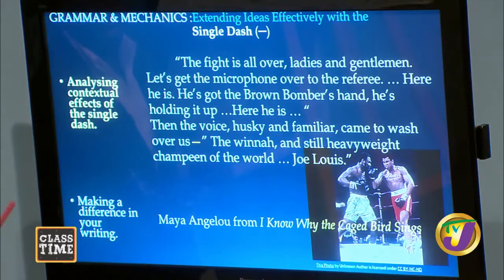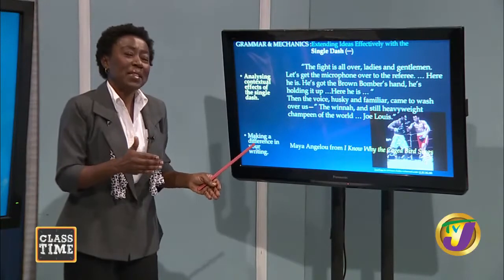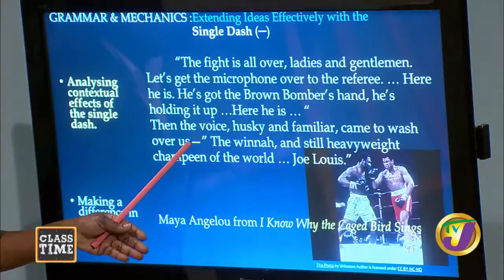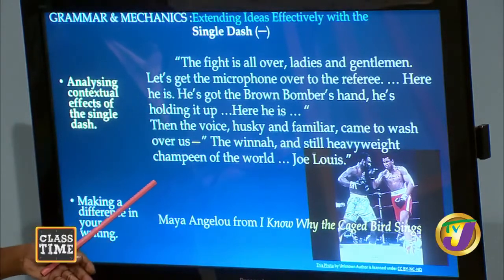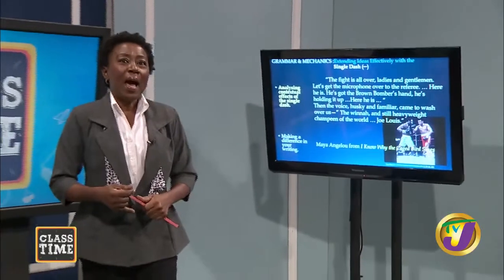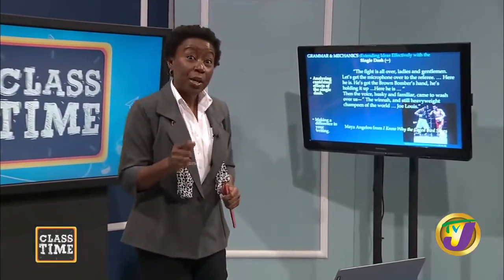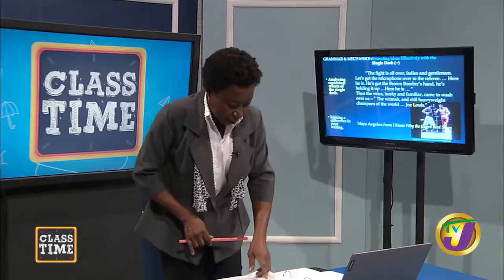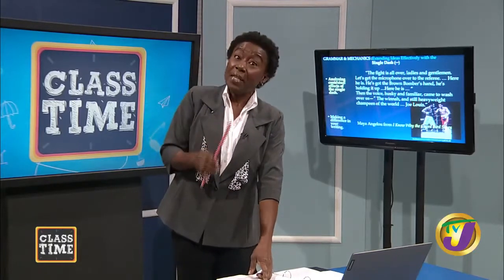So the dash is being used here dramatically, and it is indicating to you the excitement, the tension that's built up. No words, no thought. The dash is saying, hold every single thing before the announcement comes. So we can really do better with using the single dash. And one thing we have to remember in the use of the single dash is we want to use the single dash to influence thoughts.